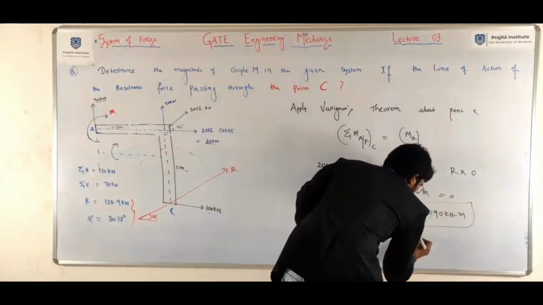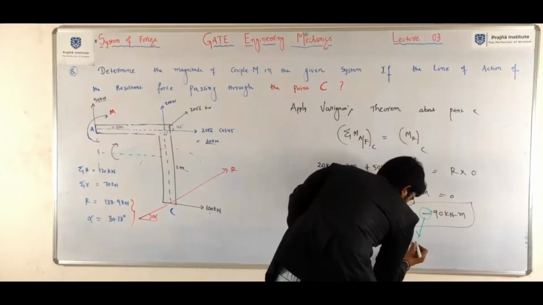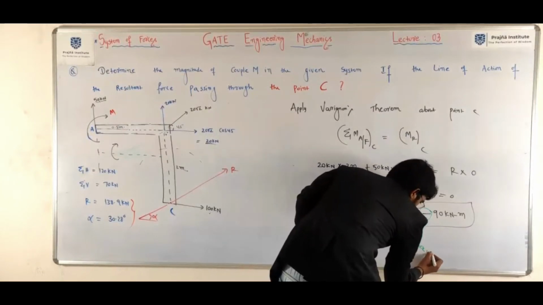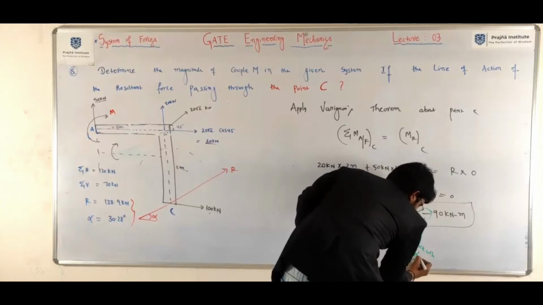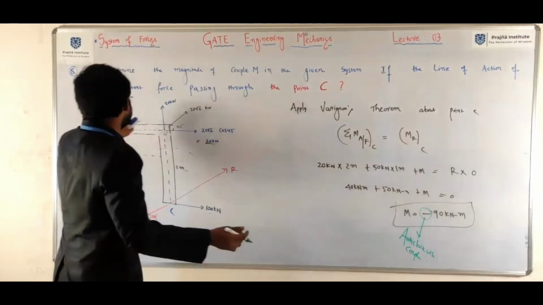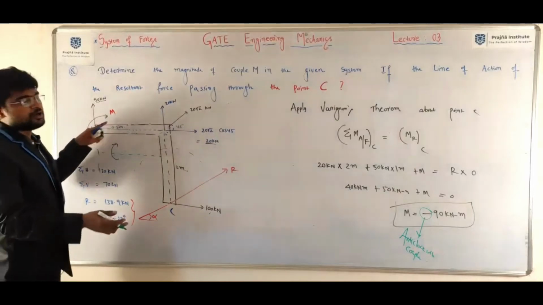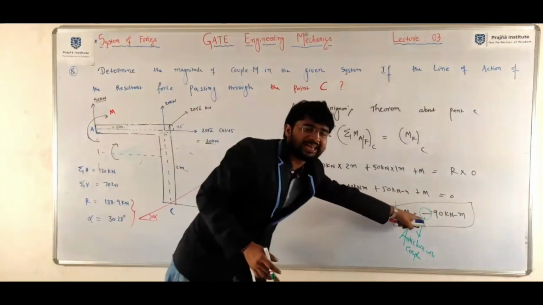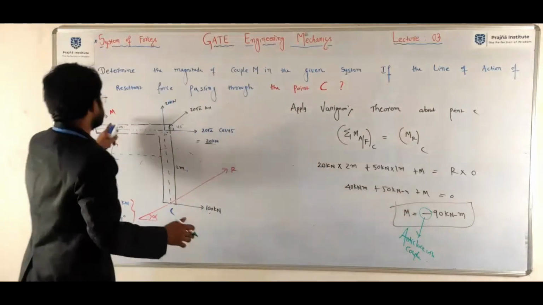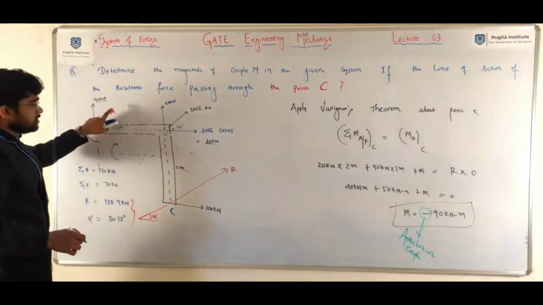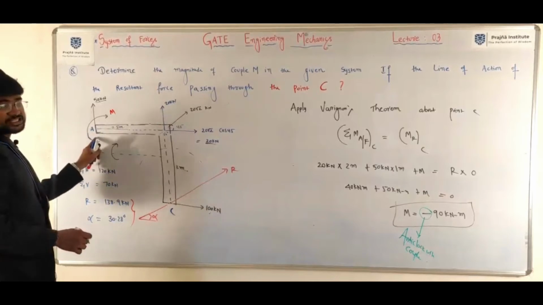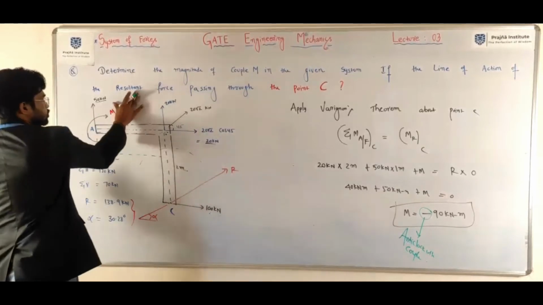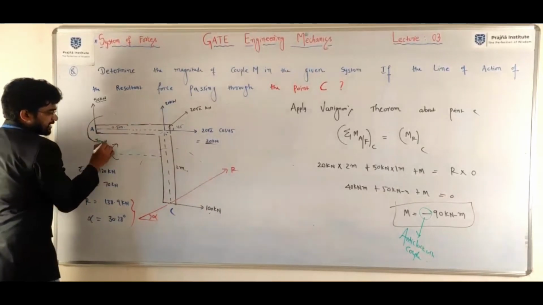Here it is an anti-clockwise couple. Initially, we assumed that the direction of the couple M is clockwise, okay, but we got a negative value. That is why we need to change the direction. Here, the moment at this point is not clockwise; it should be anti-clockwise.